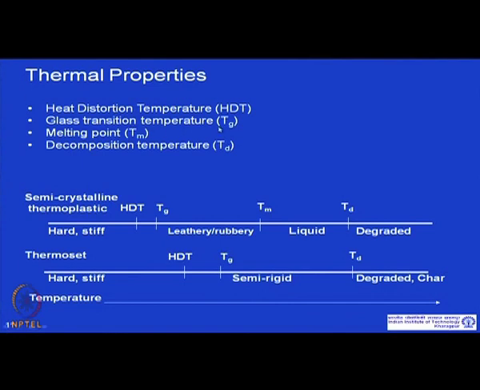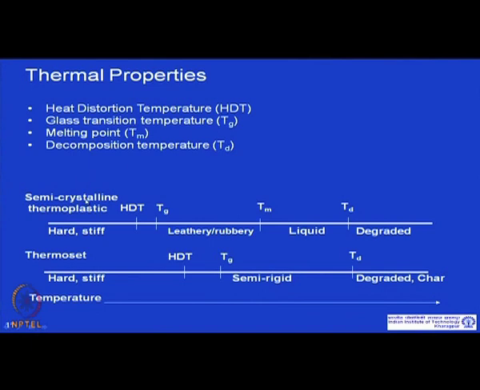Now, besides the glass transition temperature and melting point, the other behavior a polymer material can show is the heat distortion temperature or the softening temperature, and at very high temperature above Tm, if you keep raising the temperature, the polymer might decompose, giving the decomposition temperature.